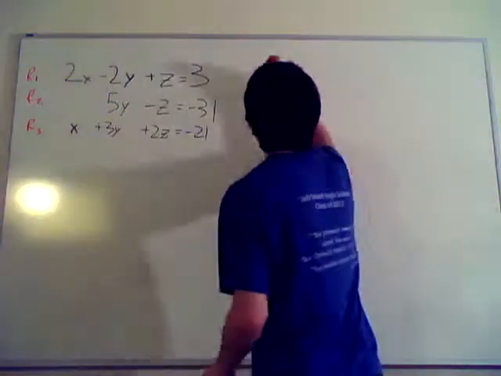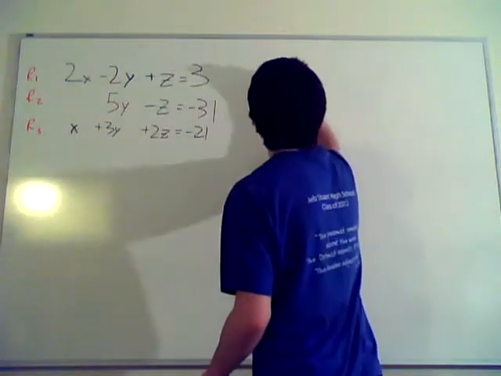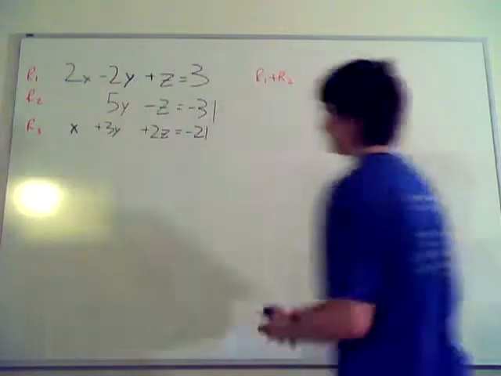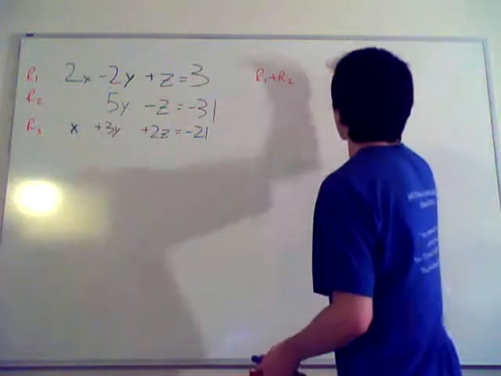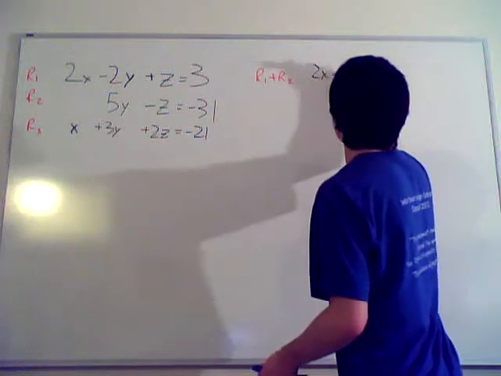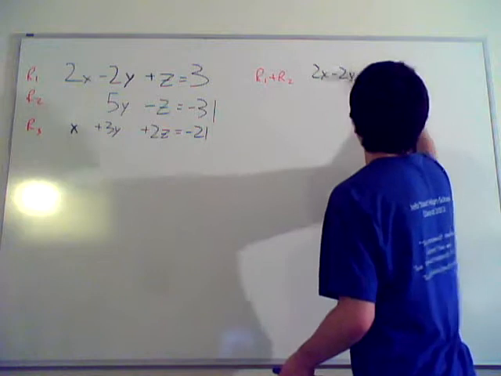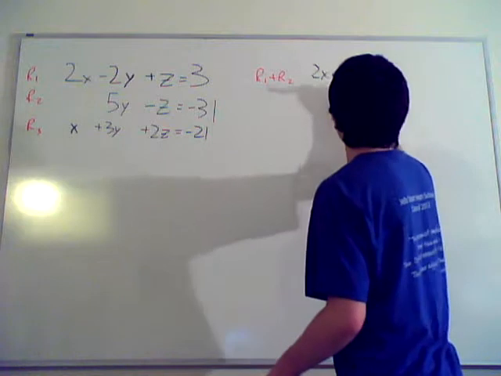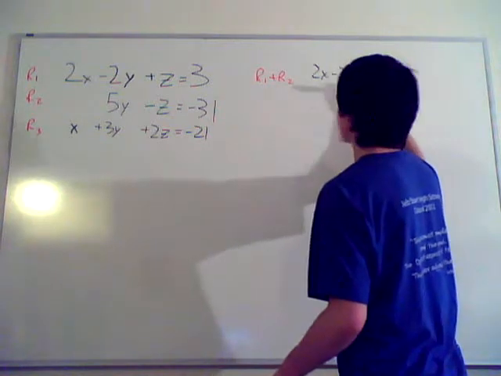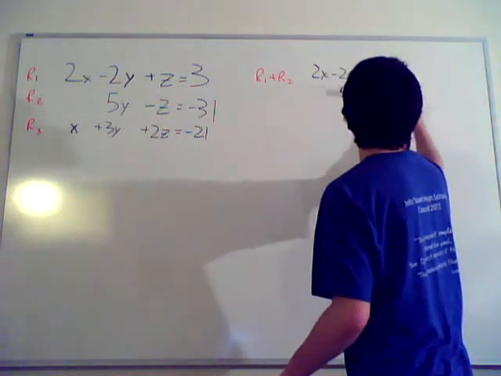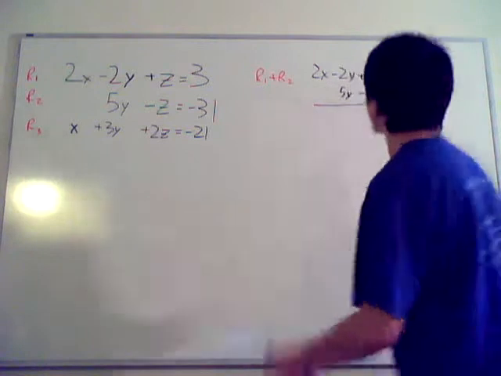I'm going to go R1 plus R2, okay? So I'm going to write them out: 2x minus 2y plus z equals 3, and 5y minus z equals negative 31, and add them together, okay?